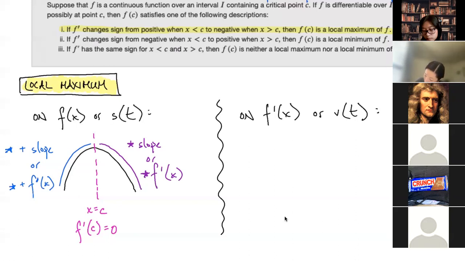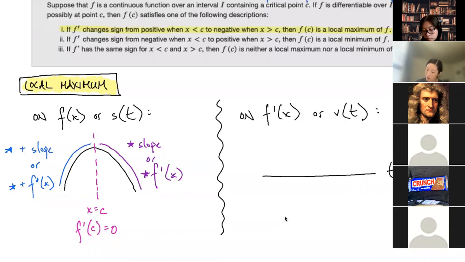Let's say that we have the t-axis here, the time axis, and we're looking at velocity. It turns out that if we go from positive velocity to negative velocity, that means that on the original function we had a maximum. What might that look like?